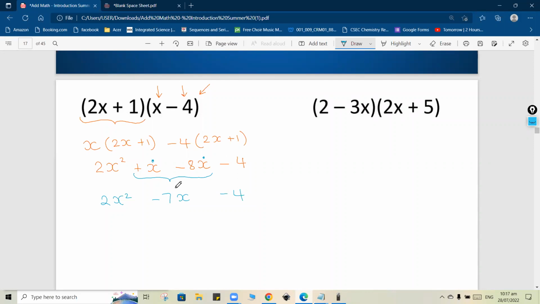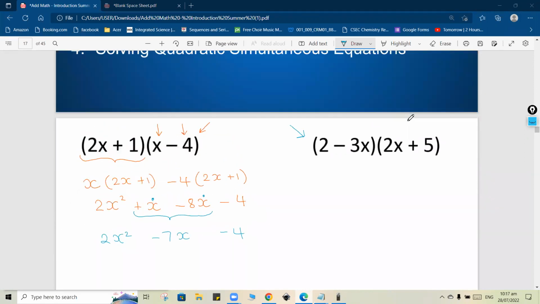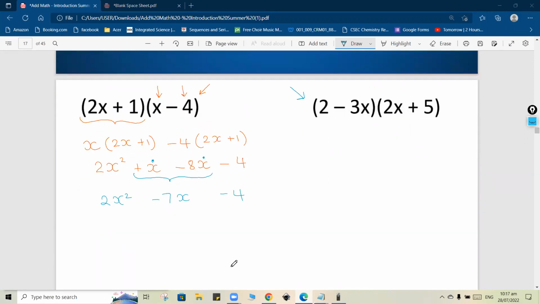Right? Take down this one, and I want everyone to try the second one for me. Just as a little practice, we'll just do 2 more examples. Let me see how much we have. Right. Take the 2x and multiply it by the first bracket. So 2x, and we multiply it by 2 minus 3x.